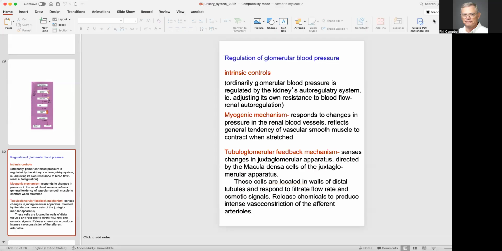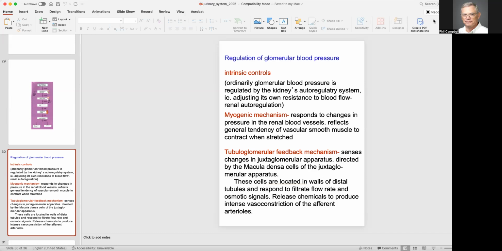All right. So let's first talk about those intrinsic controls, because as we increase the pressure across the glomerulus and therefore across the afferent arteriole, it's going to want to shrink back. So that's going to have a negative impact, and that's going to reduce the size of the afferent arteriole. That will reduce pressure across the glomerulus.